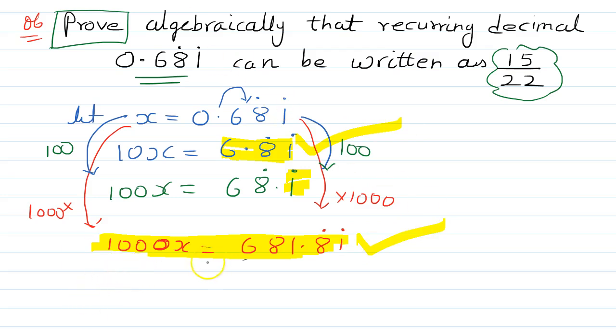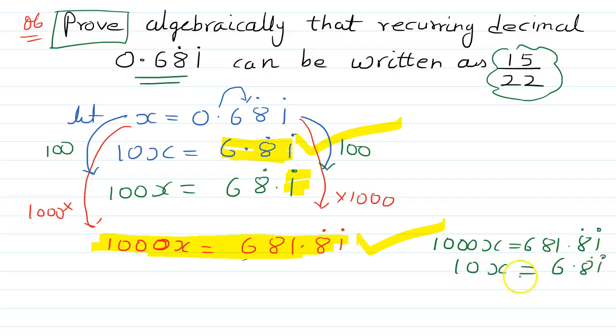So 1000x equal to 681.81 recurring, and this equation is 10x is 6.81 recurring. Simplify it, so it will be 990x. Take away both sides, so this will be cancelled out.